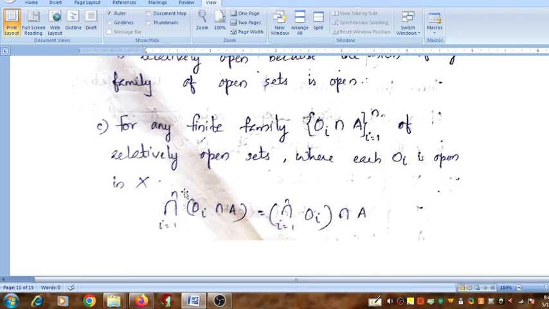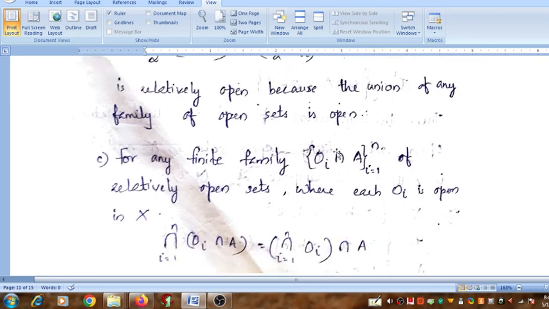So the intersection, i varies from 1 to n, of Oi, where Oi is a typical element, intersection A. This can be simplified and written as the intersection, i varies from 1 to n, of Oi, and then again the intersection with A, because we take the intersection with A of each open set.